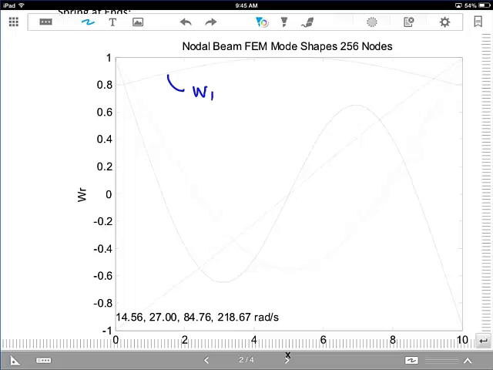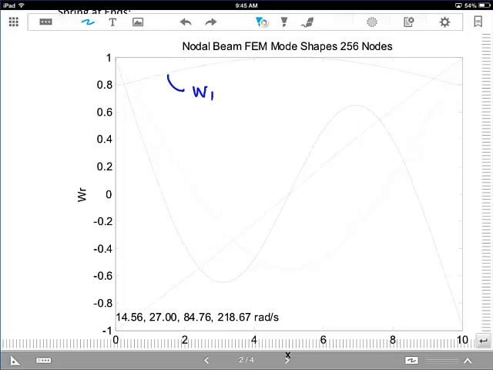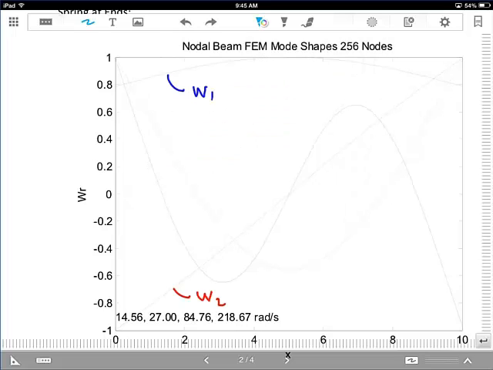Red is the second mode if you look at the color scheme there, so this is W2. And green is the third mode, so this is your W3. And black is your fourth mode, so this is W4. And here are the natural frequencies that you get for these in radians per second.